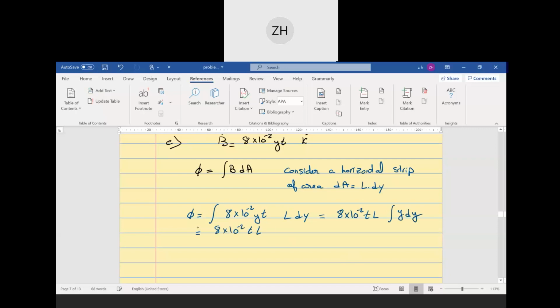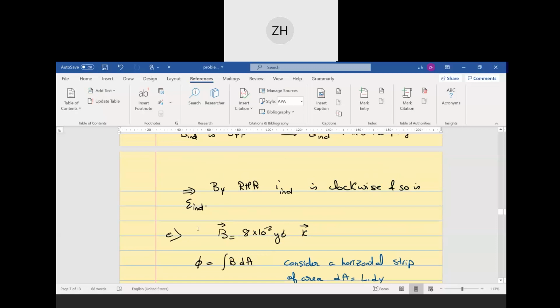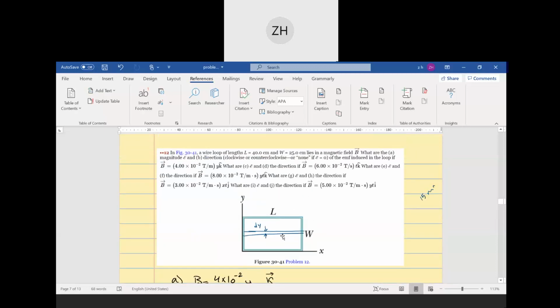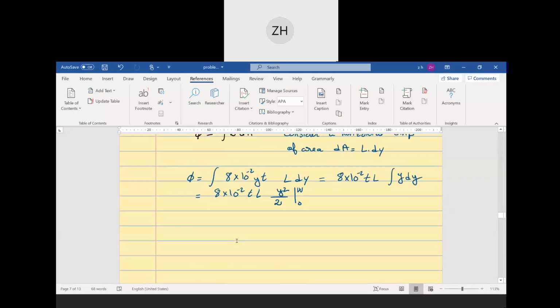And this will give us y squared over 2, with y varying between 0 and the width of our loop. Now all we have to do is substitute. We know the values of the width, the length, and so on. So this is going to be 8 times 10 power minus 2 times TL times W squared minus 0 over 2.